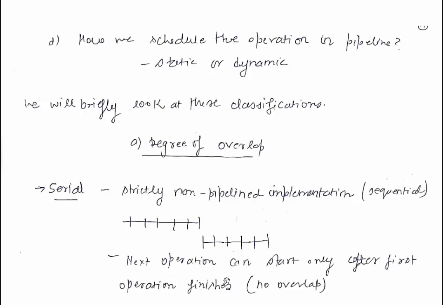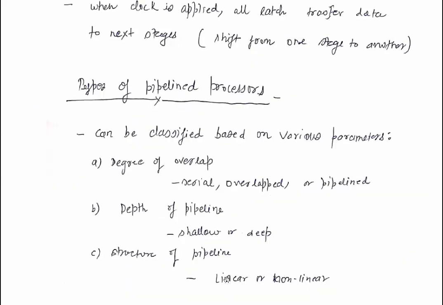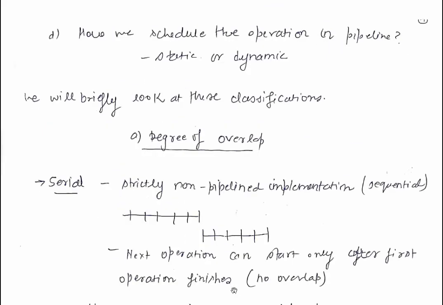First is degree of overlap, whether it is serial, overlapped or pipelined. Next is depth of pipeline, shallow or deep. Third is structure of pipeline, linear or non-linear. Last is static or dynamic. We will briefly look at each of these classifications.